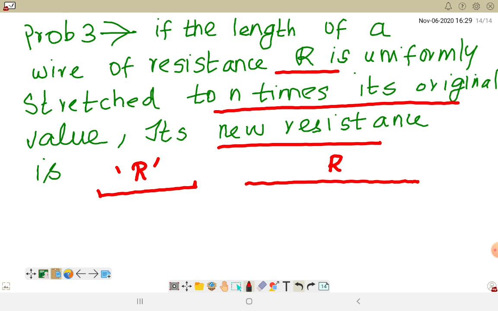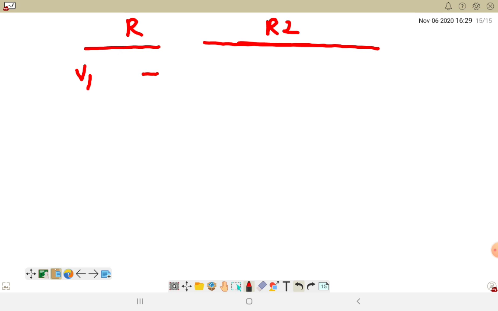So what is the value of resistance R2? First consider the resistance R and R2. What about the volume in both the cases? Volume in both the cases remains the same. So V1 equal to V2.